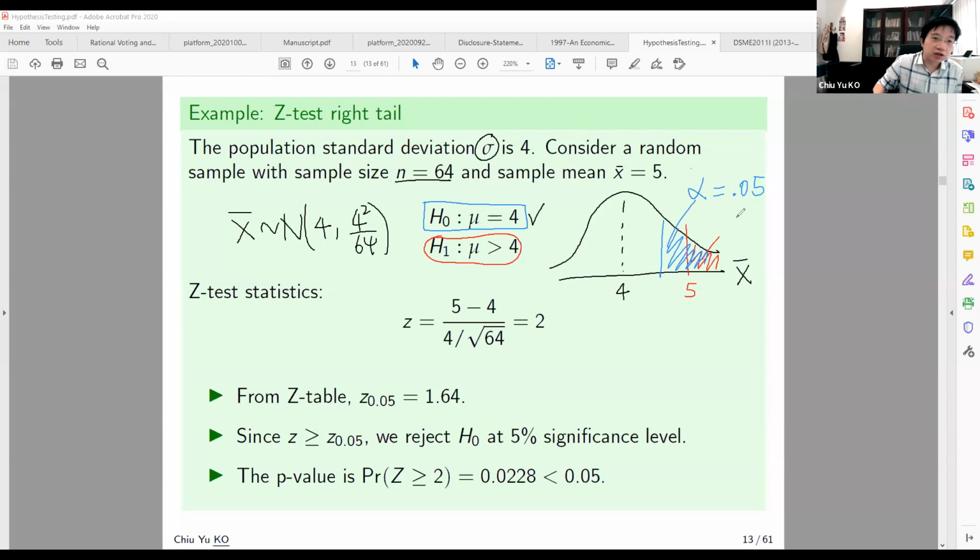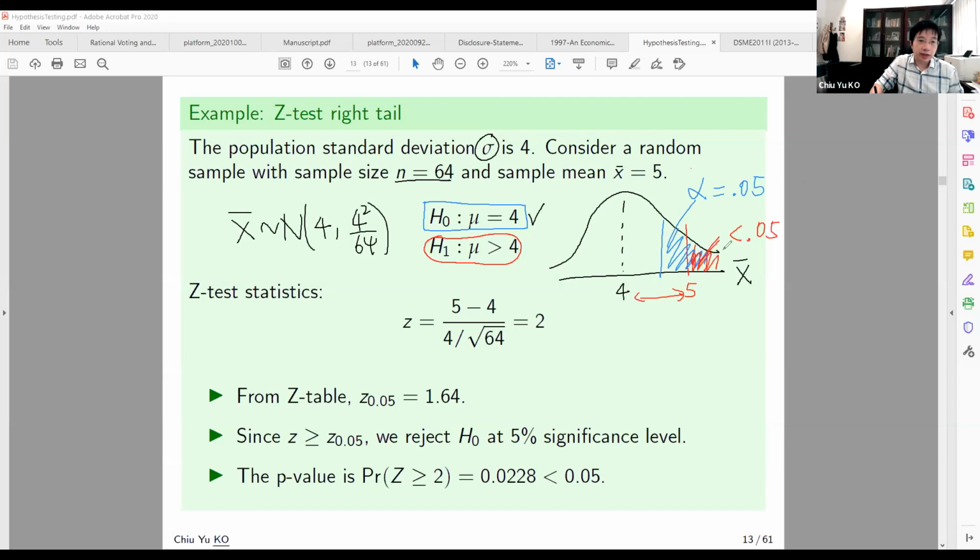Alpha is a threshold. If the red area is less than 5%, which means the distance is large enough, then we will reject this.